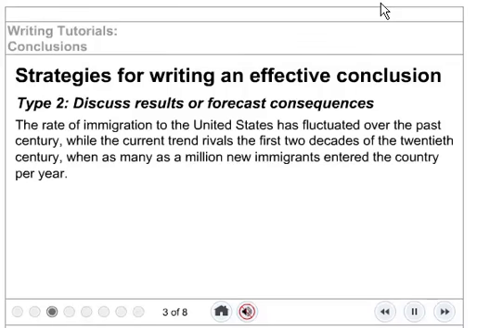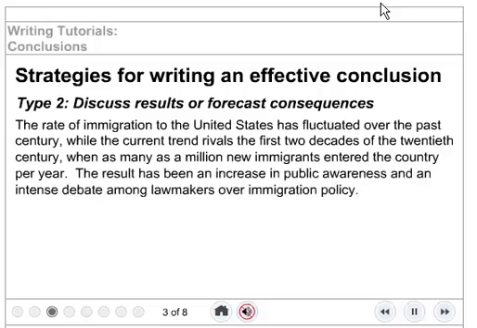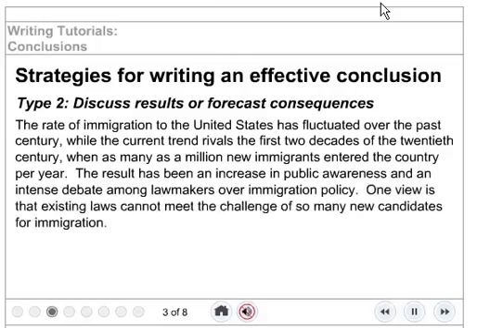The rate of immigration to the United States has fluctuated over the past century, while the current trend rivals the first 2 decades of the 20th century, when as many as 1 million new immigrants entered the country per year. The result has been an increase in public awareness and an intense debate among lawmakers over immigration policy. One view is that existing laws cannot meet the challenge of so many new candidates for immigration.